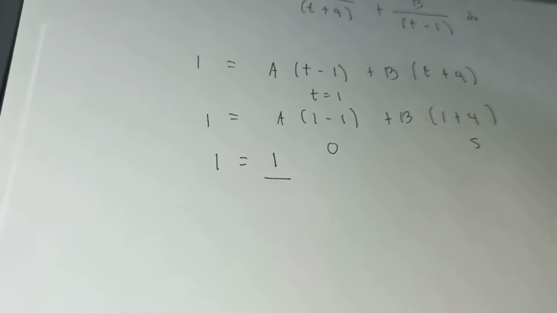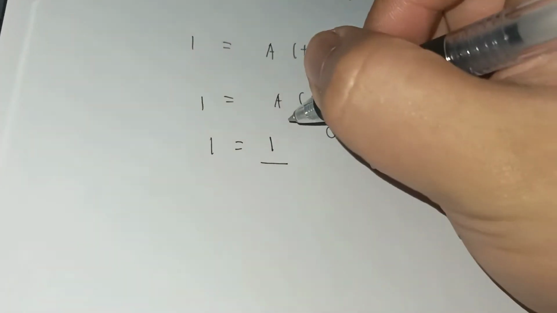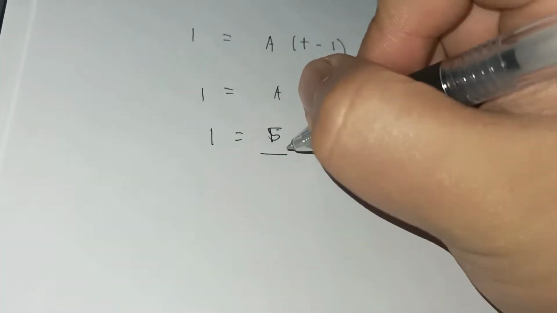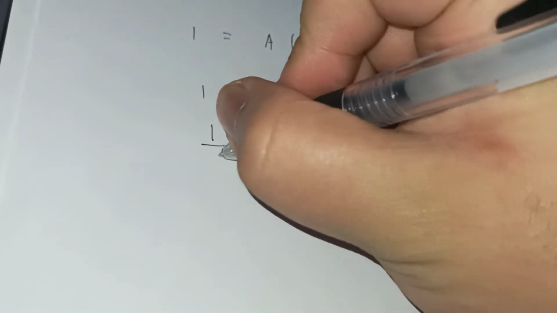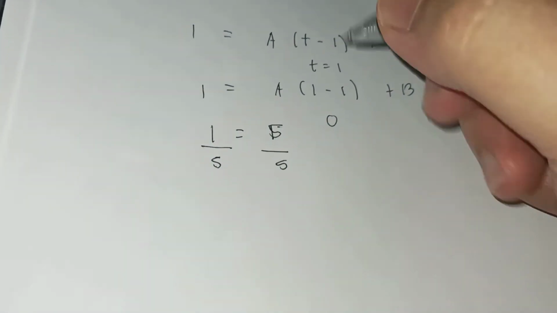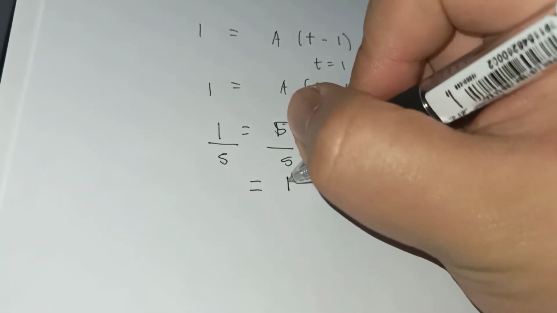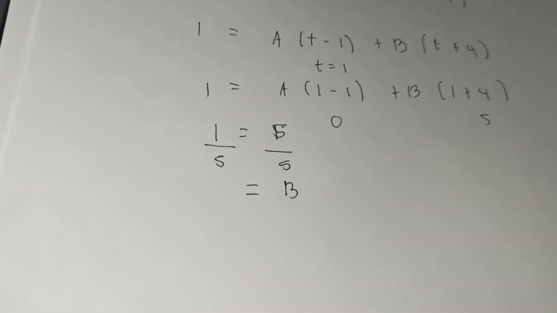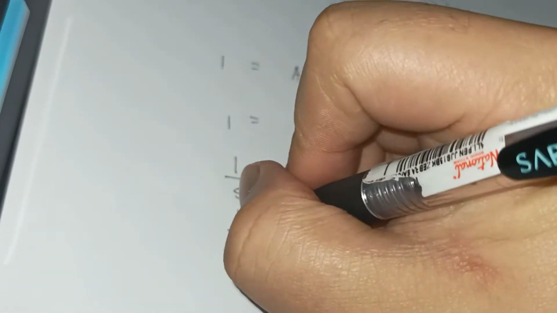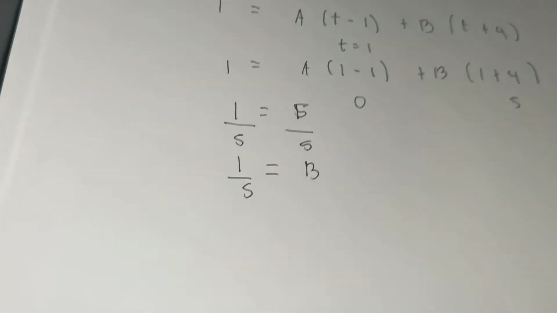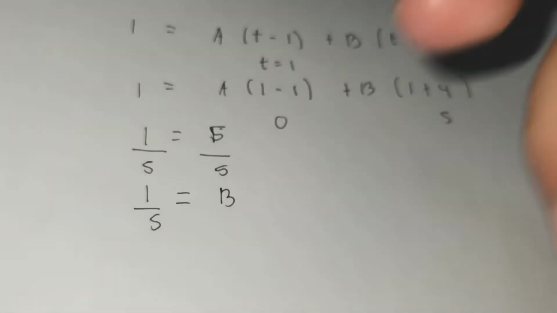Oh, it's 5 here, just divide by it, making B equal to 1 over 5.